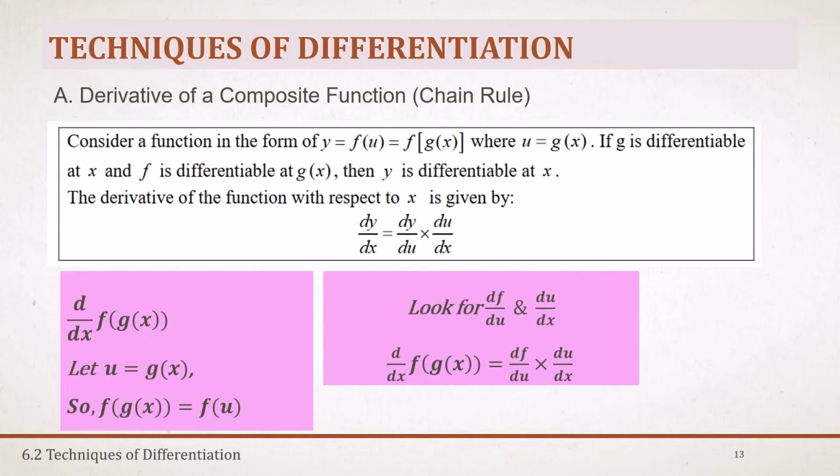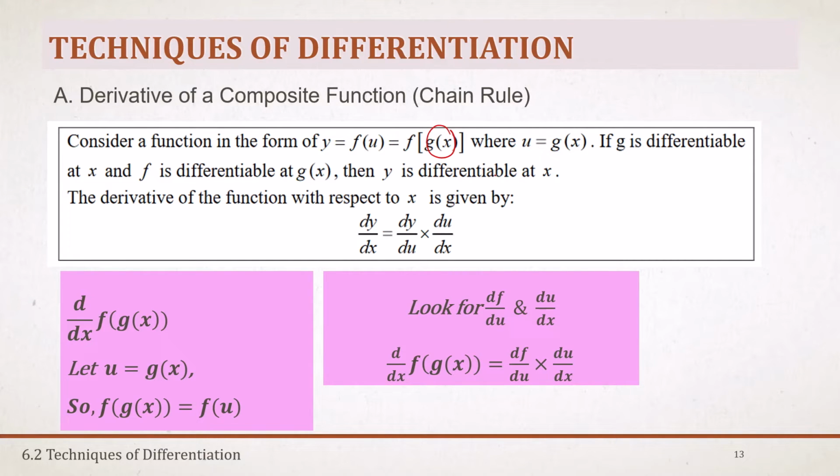Now we look at the first technique we learn here, called the derivative of a composite function, or you need to use the chain rule. The statement says: consider a function in the form y equals f(u), where originally we have a composite function f(g(x)). So I'm going to replace my g with a u.